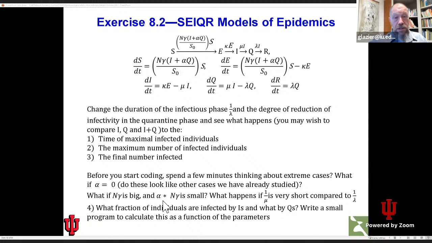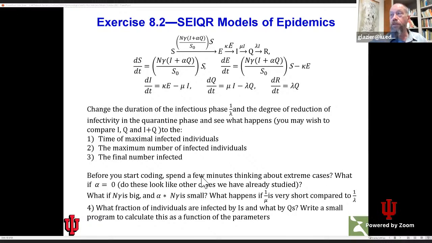If you have a quarantine system where once you've been exposed, you're told to isolate at home for 2 weeks, you'd like to know whether that makes a difference to the total number infected or not. And it's actually quite an interesting question. How long do you have to quarantine for?